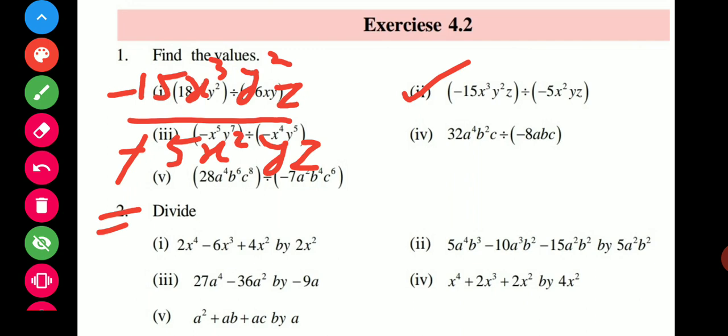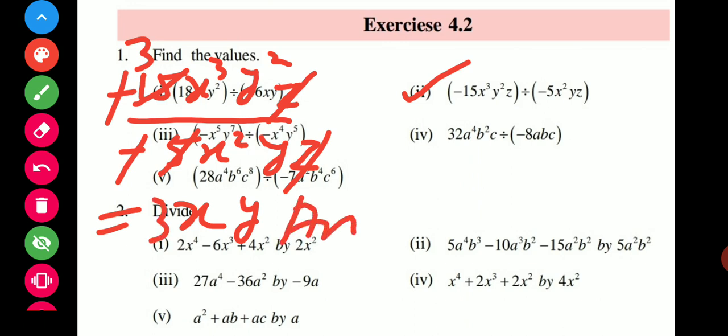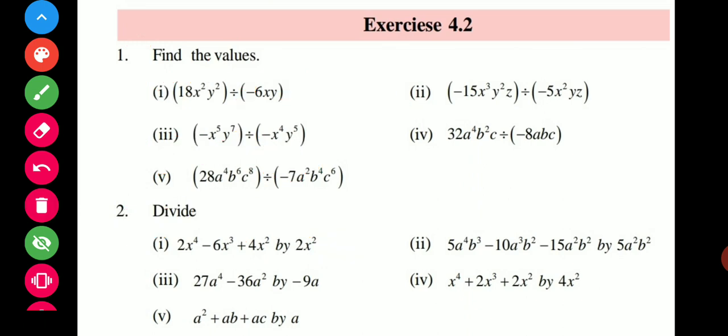So minus cancels with minus, and 5 3s are 15, the power above is 3 and below is 2, so 1 power remains. In y also 1 power remains, z will cancel out. Very well, so your answer is 3xy, correct answer. Now you can do the other parts, it is very simple, so you can do 3, 4 and 5.